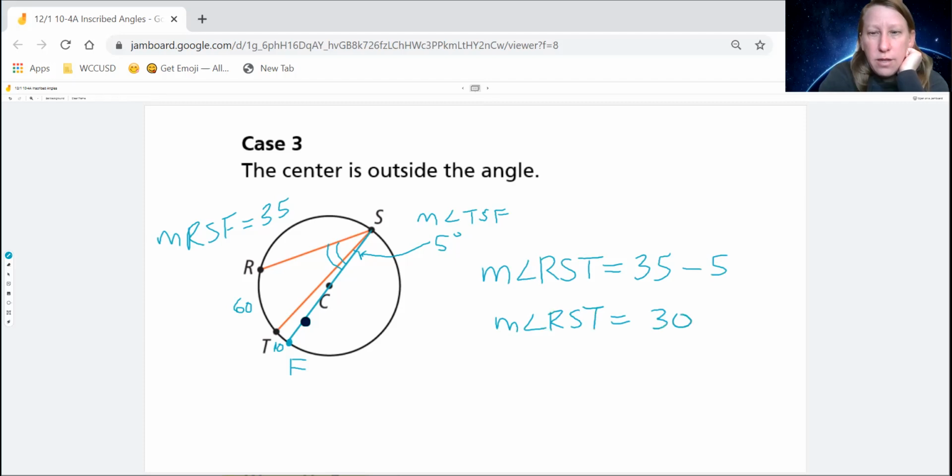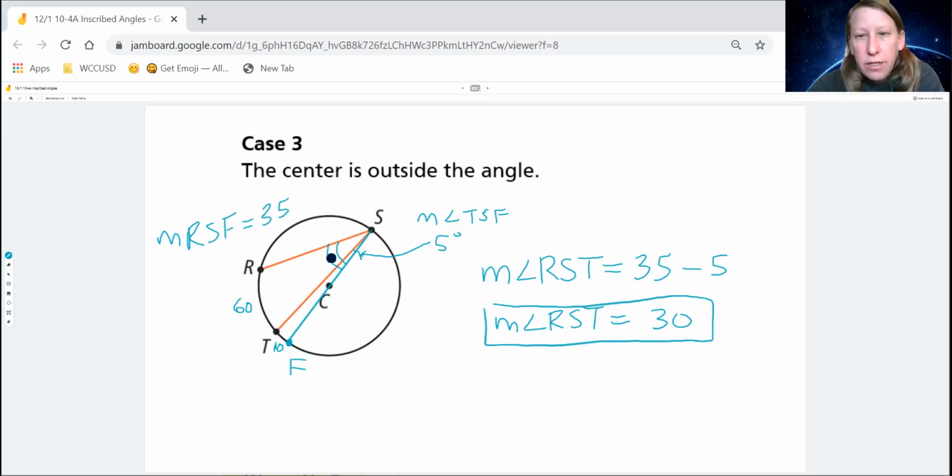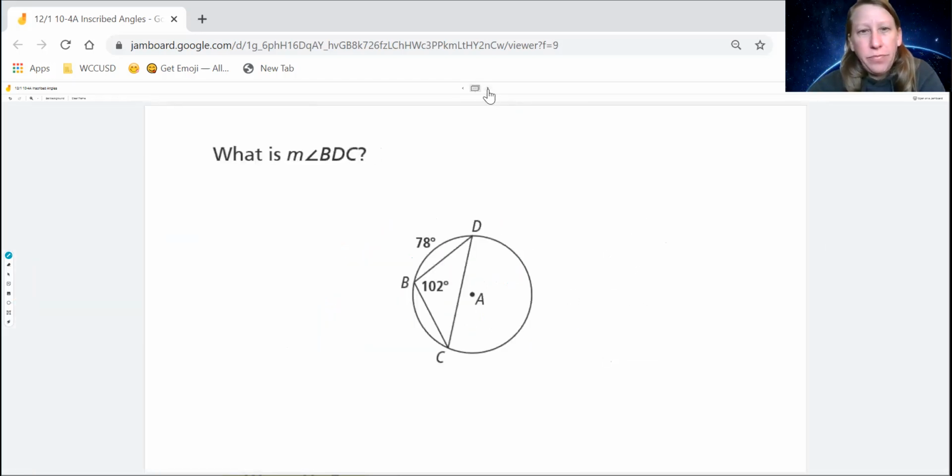It's 30. And how does that relate to arc RT? How are 60 and 30 related? It's just half again. So it doesn't matter where the chord is. It could be on the diameter, it could be over the diameter, it could be under the diameter. You're still going to have the same relationship.